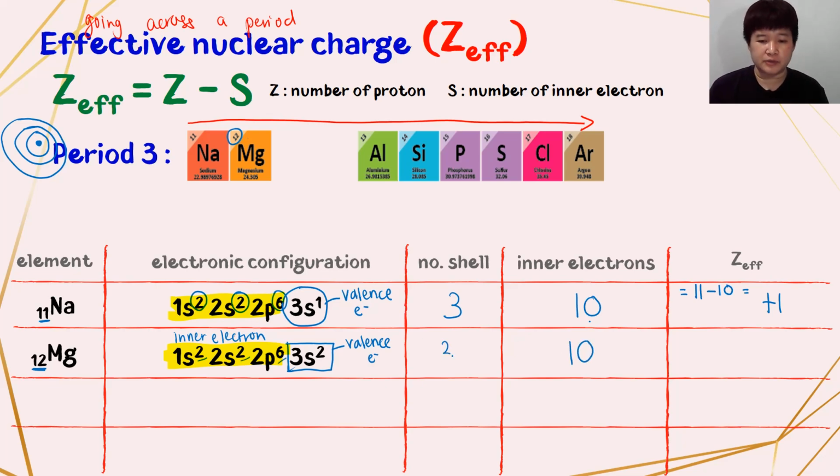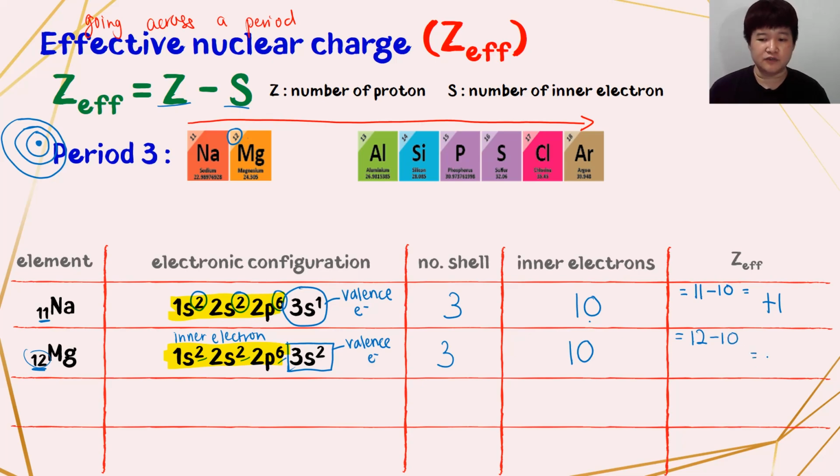The number of shells remains 3 because again it's still in period 3. And you can see the highest n is n equals 3. How about the effective nuclear charge? Effective nuclear charge will again be the proton number minus inner electrons, Z minus S. The proton number of magnesium is 12, and your inner electron remains 10.